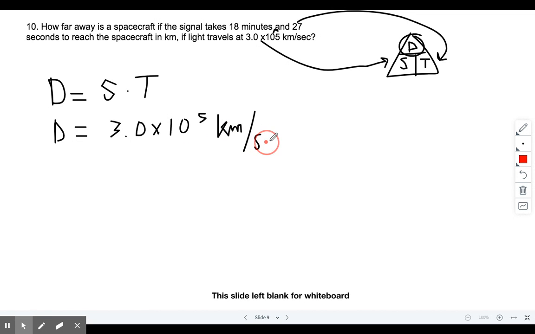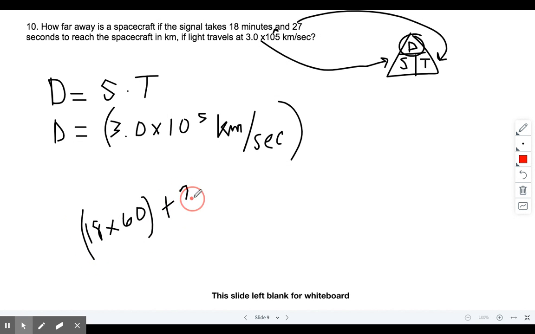And we want to multiply this by the time, but the problem with the time is it's in 18 minutes and 27 seconds. So we want to turn this into seconds because the speed of light is in seconds. So I can't have minutes in there. So I need to multiply my 18 by 60 because there's 60 seconds in a minute. Okay? And then add that to the 27 seconds I already have.